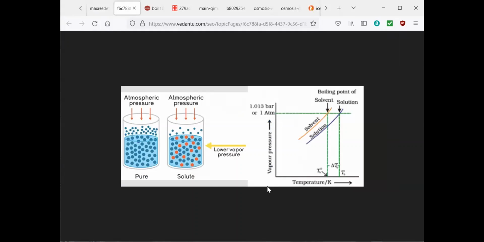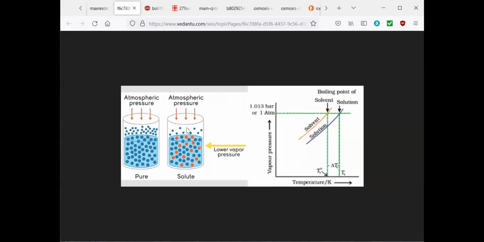But remember, the definition for boiling point is that the vapor pressure must be equal to the atmospheric pressure. And it's at that temperature that my solvent or my solution will boil.